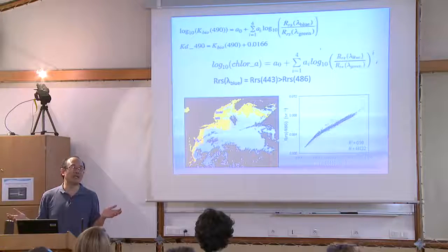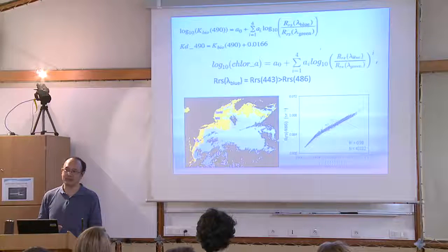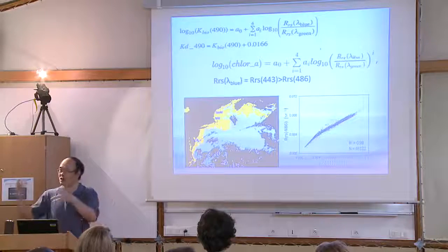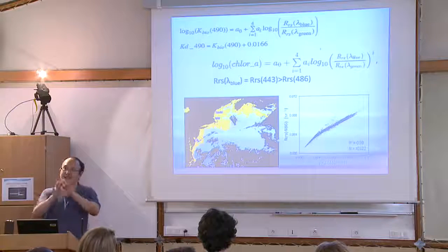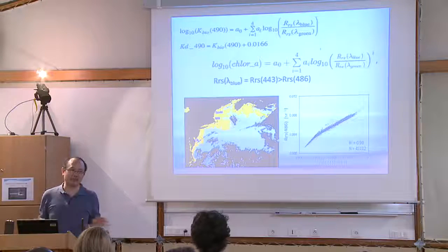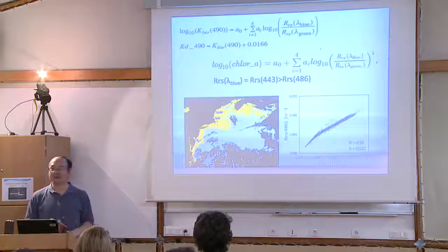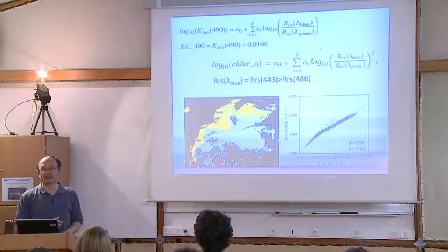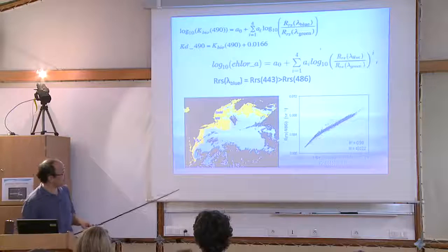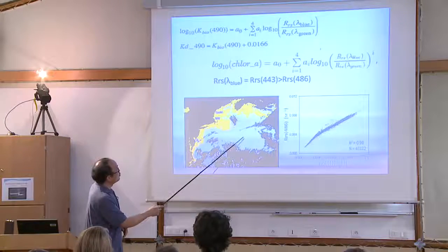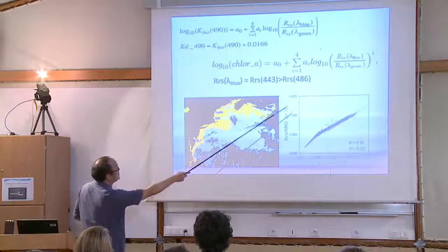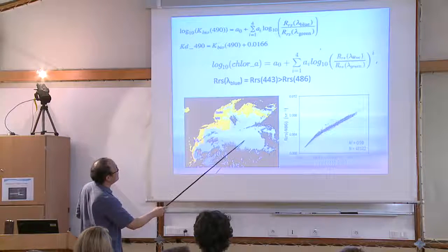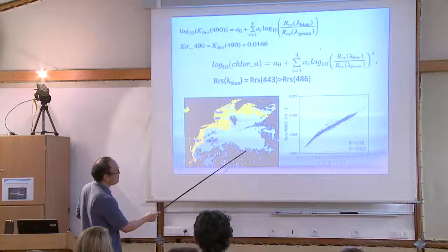There's no independent spatial information. Although the two values will be different because KD has different values, chlorophyll has different values, spatially it's exactly the same. No extra information is provided by this kind of product. For the open ocean, chlorophyll uses 443 divided by 555, and KD 490 uses 486 divided by 555.